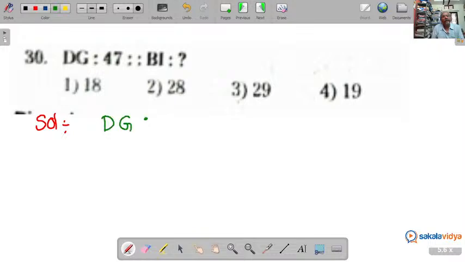DG is related to the 47. In the same way, BI is related to, that we need to figure it out. See my dear students, D is A, B, C, D, D is 4. G is 7. G code is 7. So 47. So B code is 2.